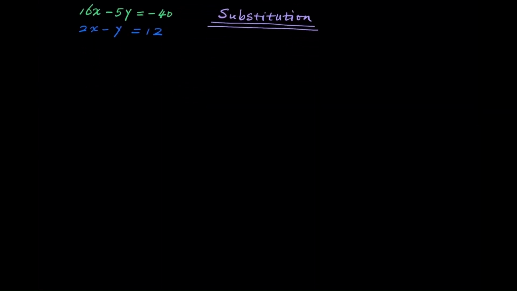To use substitution, we need to isolate one variable in one of these equations. And the second equation looks like the easiest choice because we can easily isolate y. So let's write it down here again. Let's move y to the right side and 12 to the left side to get a positive y term.